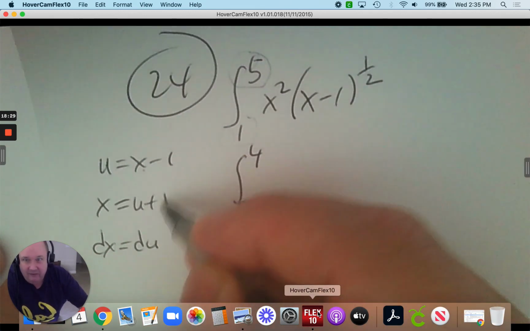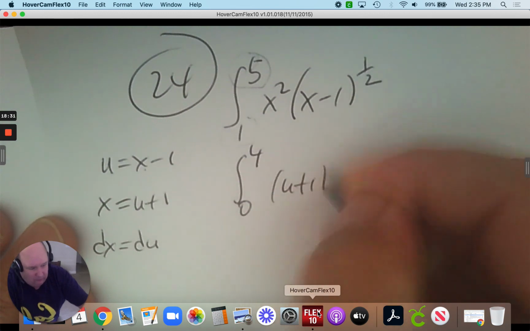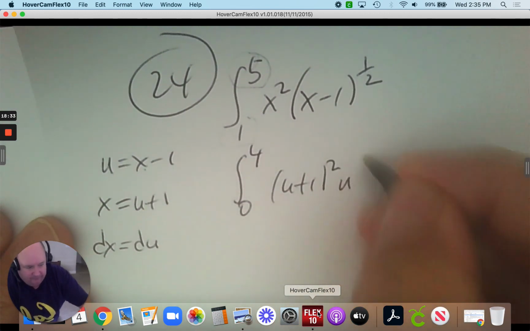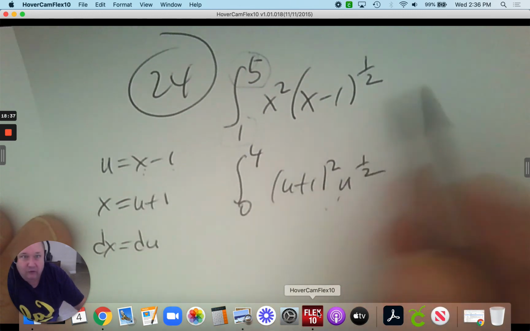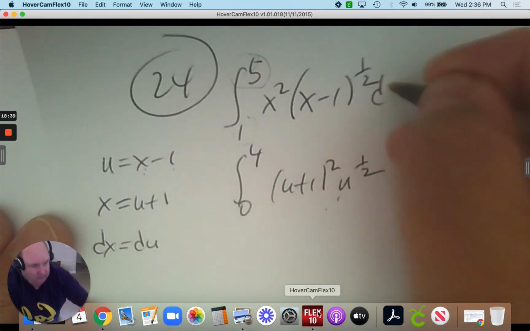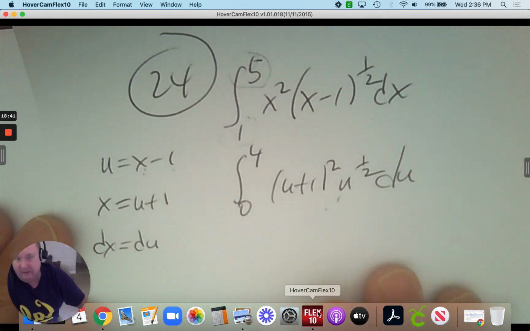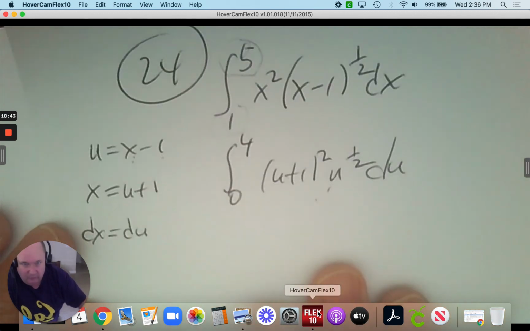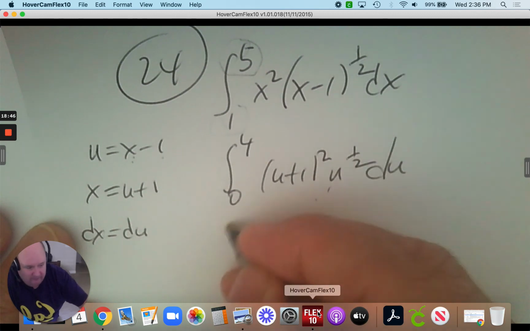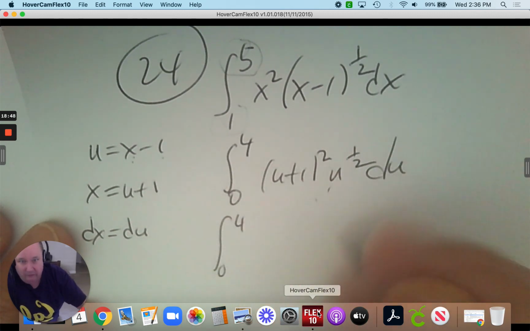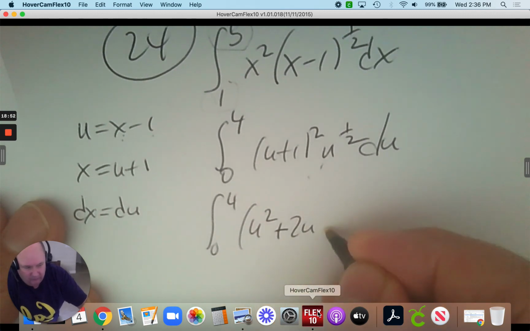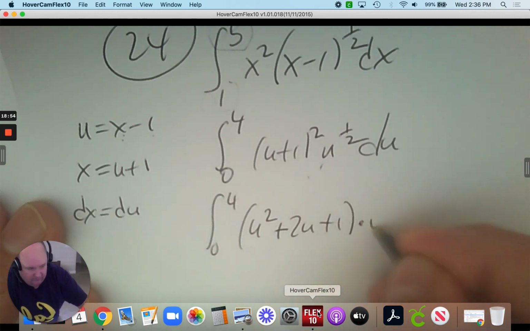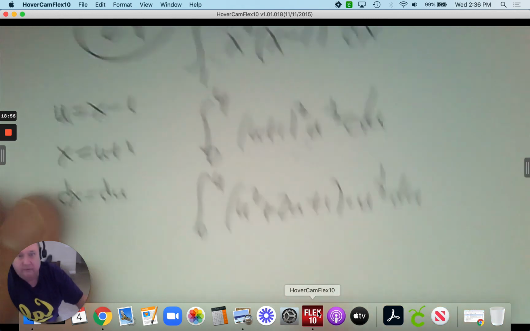Instead of x, we're going to put in u plus 1 squared. And then x subtract 1 is u, so it's u to the 1/2. And this should have said dx, that means this is du. So now it's all in terms of u. So now what do I do here? The next step is I'm going to FOIL this. So if I FOIL this, it's u squared plus 2u plus 1 times u to the 1/2 du.